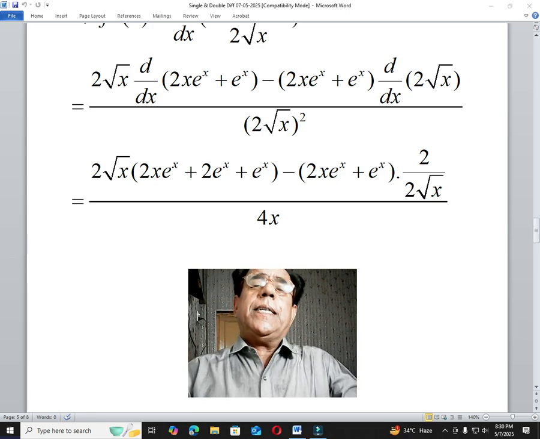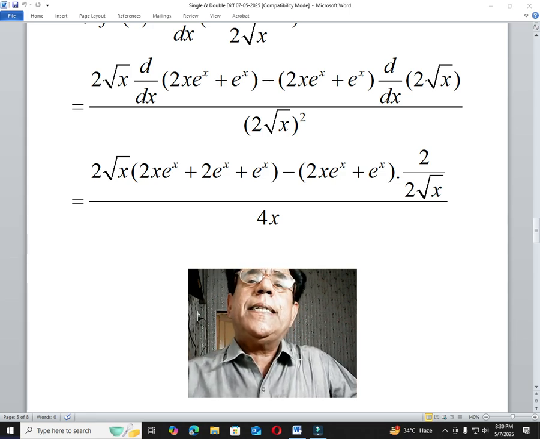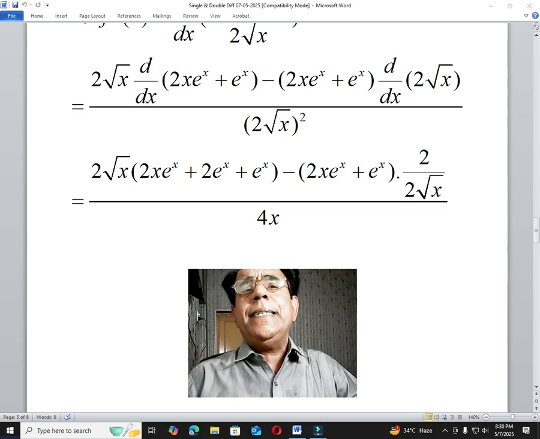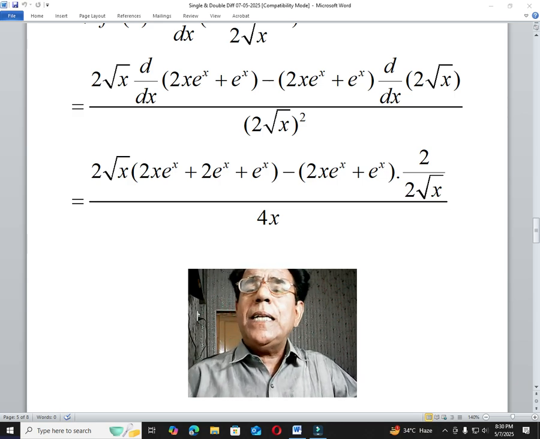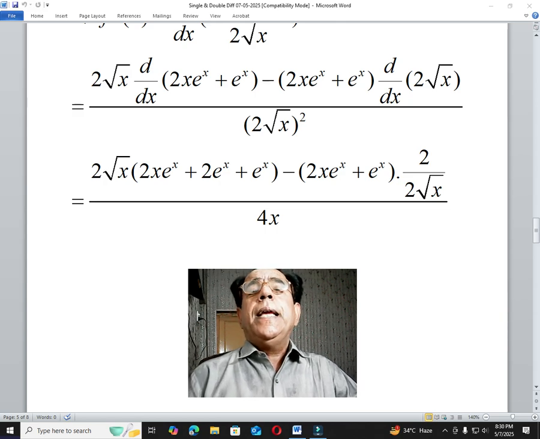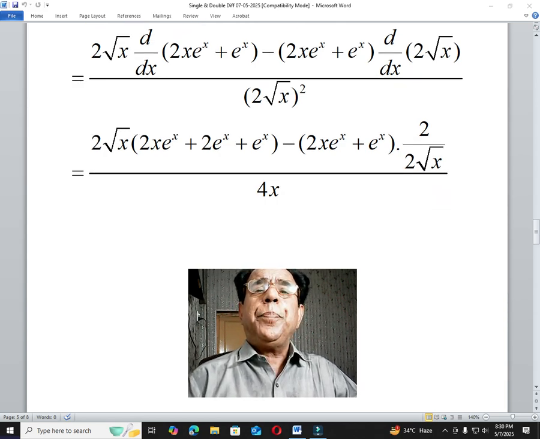So that is why this thing has taken this form, that 2 is as it is, but derivative of x under root is equal to 1 by 2 x under root. In this way 2 will be cancelled with 2.